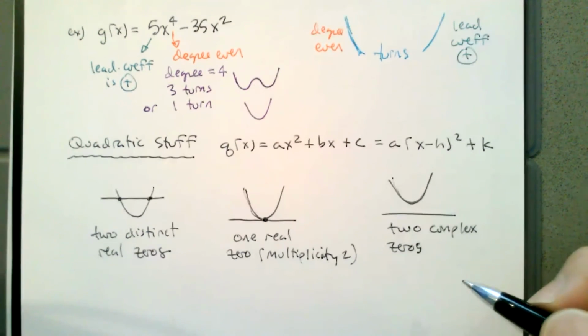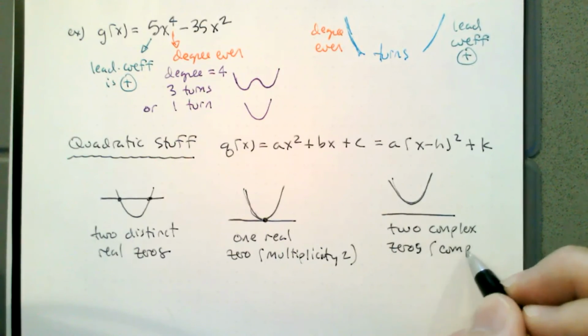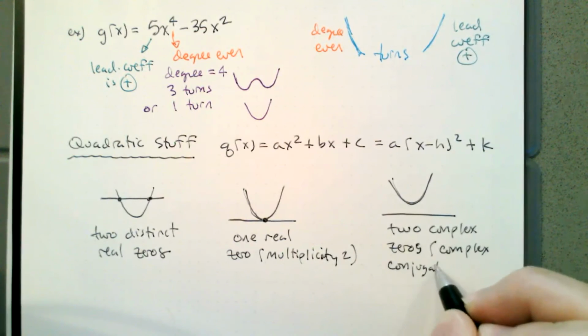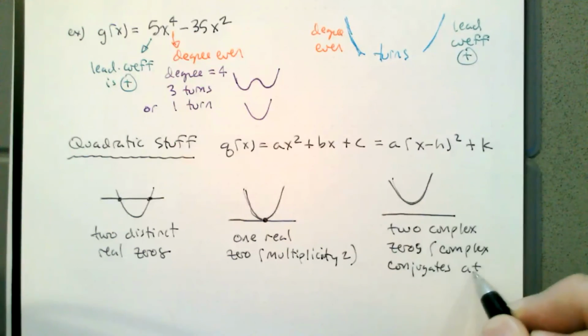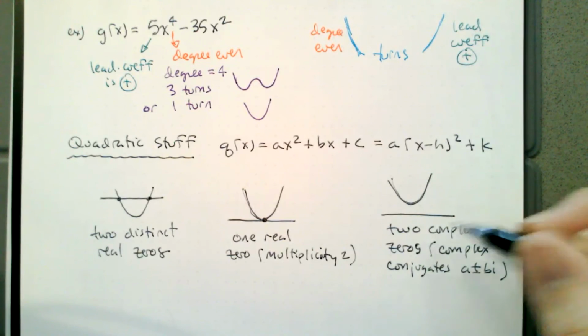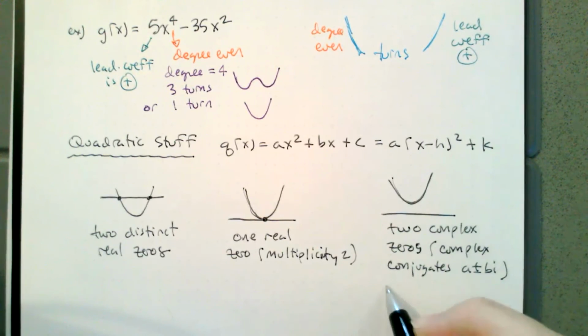The two complex zeros will be complex conjugates, a plus or minus bi. And two complex zeros means we have zero real zeros.